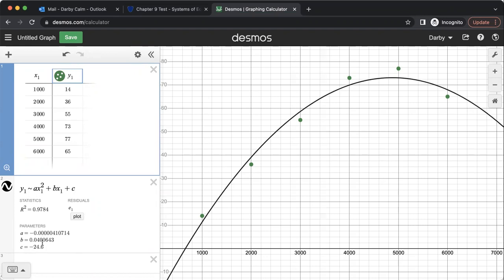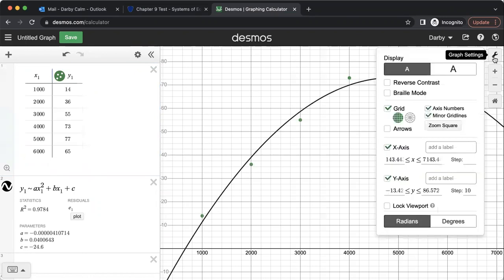The other thing to note is in Desmos, I played with the graph settings so that I wouldn't have to go searching all over the graph for it. The Y values look like they're all underneath 100, so you can change the values here to keep it under 100 if you want.